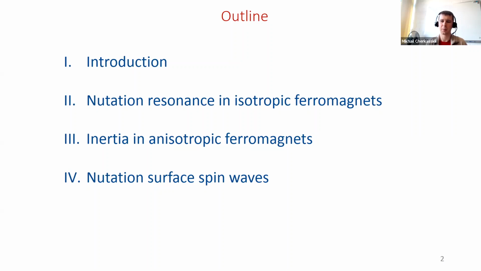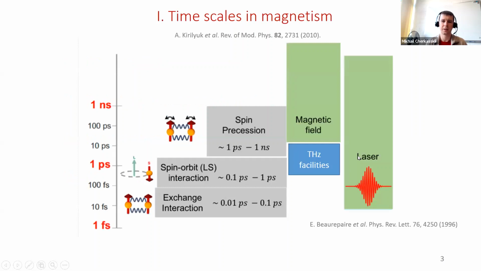It's a well-known fact that there are different interactions in ferromagnets, which appear at different time scales, and they can be probed, for example, with magnetic field pulses, with which spin precession can be investigated at time scales longer than 1 picosecond.